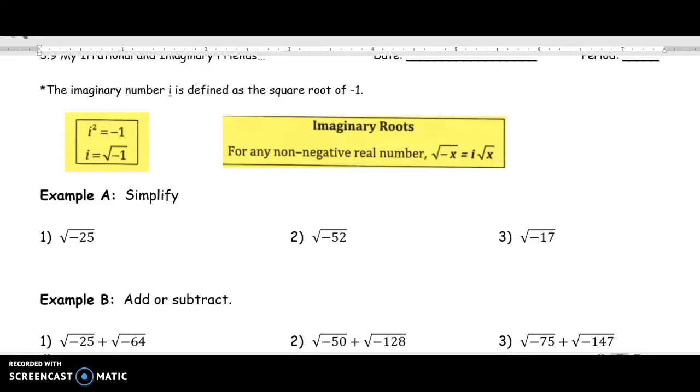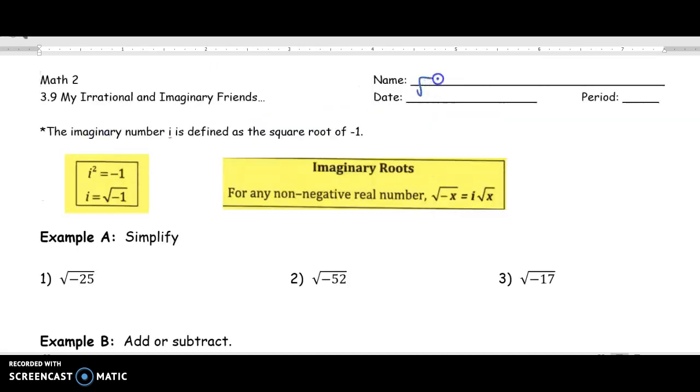Hello everyone. This lesson we didn't get to during chapter 3, but it discusses the imaginary number i, which is defined as the square root of -1. What you have to remember is when we did the square roots, by definition of square root, if a squared equals b, then the square root of b is equal to a, meaning what to the second power gives you the number inside.